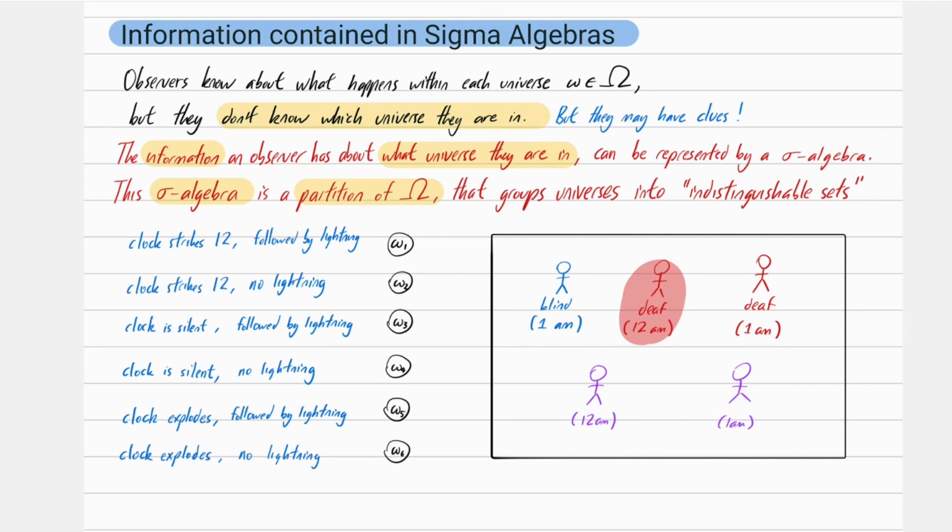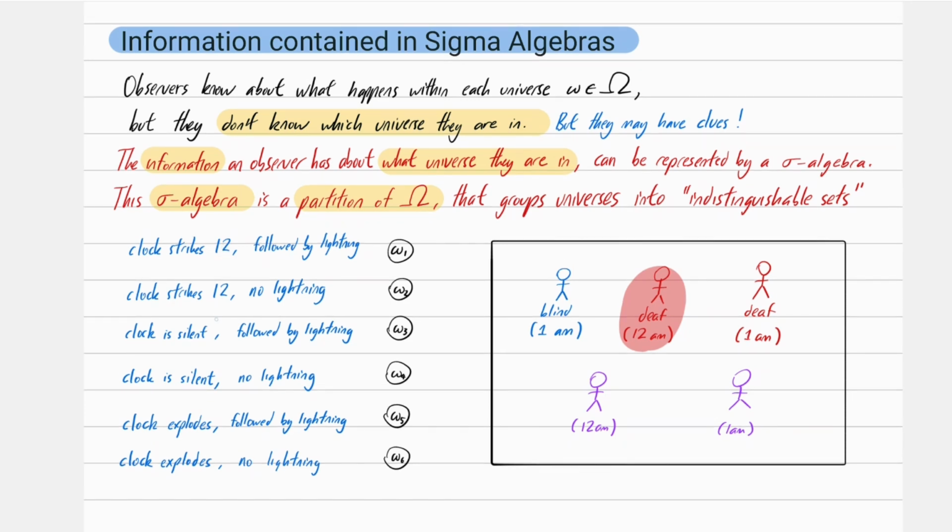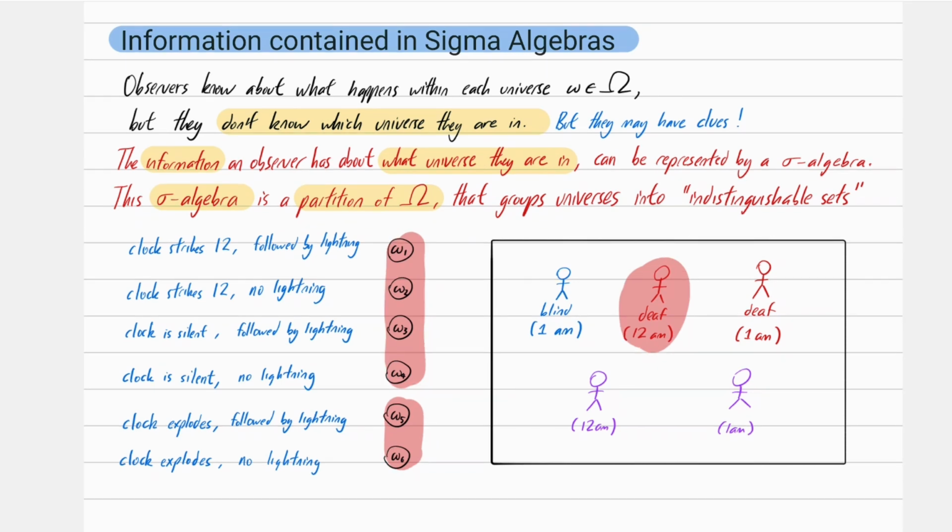Since the deaf man can only use his eyes to determine what universe he is in, he cannot distinguish the clock striking 12 from the clock remaining silent, because you can't distinguish between these two scenarios just by sight and vision alone. So these form one indistinguishable set, whereas he can distinguish these scenarios from the cases where the clock explodes, because that's something that's actually visual.